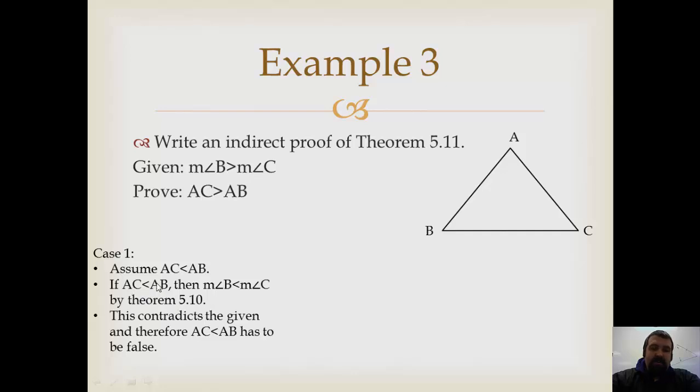If the right side over here is shorter than the left side, then my angle B has to be smaller than angle C. Whoa. My given was that angle B was larger. It can't both be smaller and larger than angle C. That's impossible. So this contradicts the given, and therefore AC being smaller than AB has to be false. It contradicts my given otherwise.